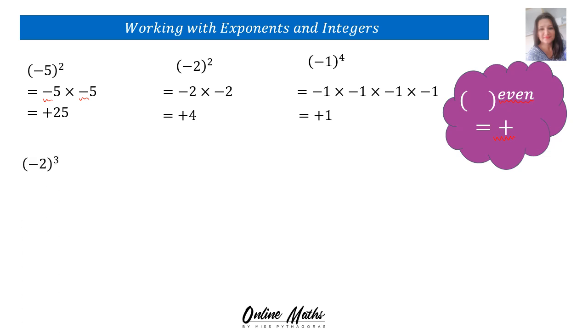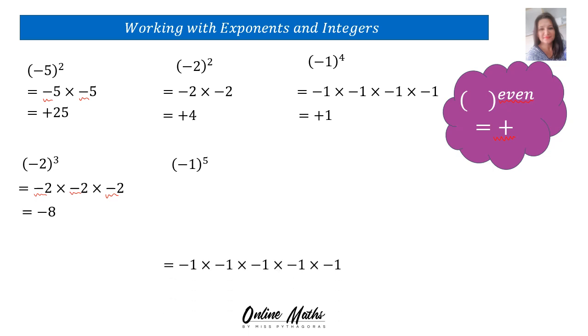When I give you -2 to the 3, it's the same as -2 times -2 times -2. And then you can say a minus times a minus is a plus times a minus is a minus. And 2 times 2 times 2 is 8. Therefore, -2 in a bracket raised to the power of 3 is -8.